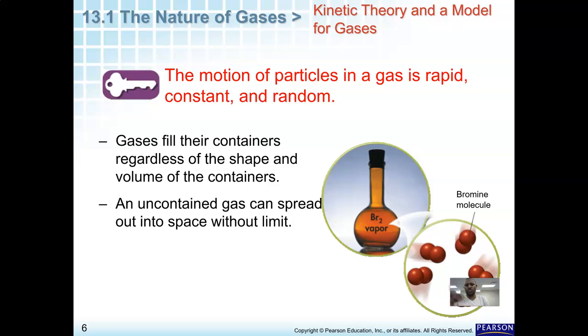Before collision, both travel in a straight line, but after collision, they change direction. Every single time they collide with a neighboring molecule or with the wall of the container, they change their direction. That is why we call the direction in which the gas particles move random.